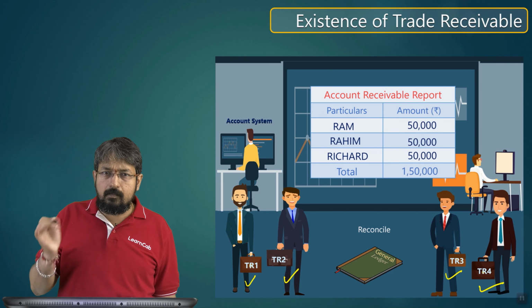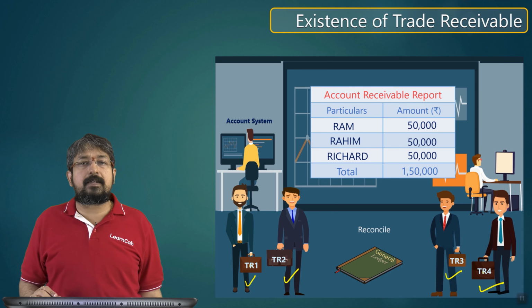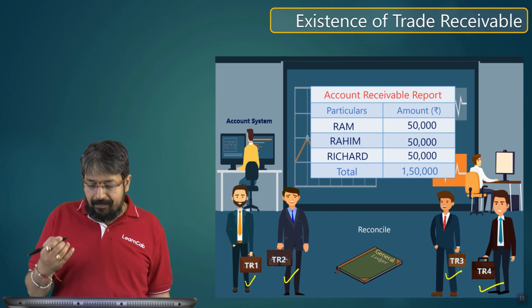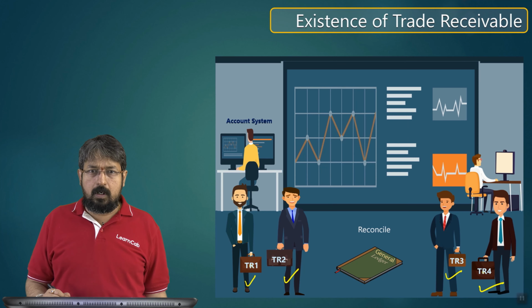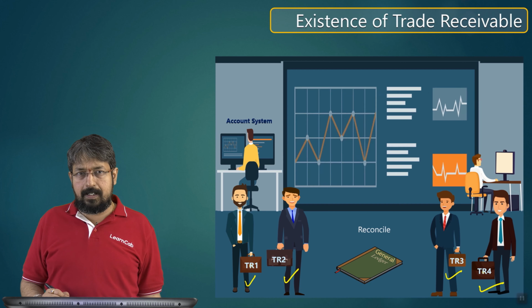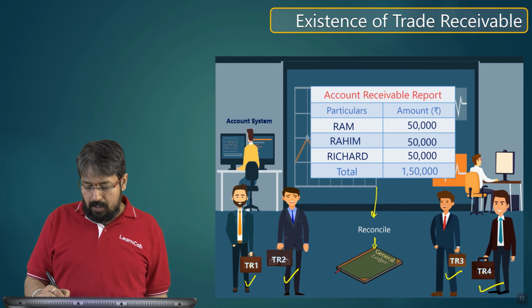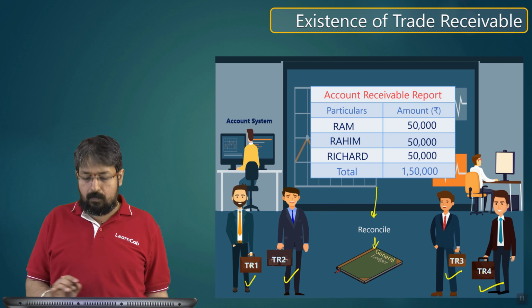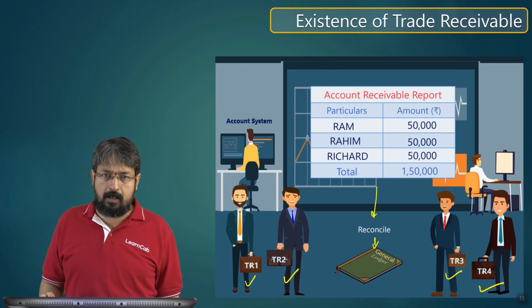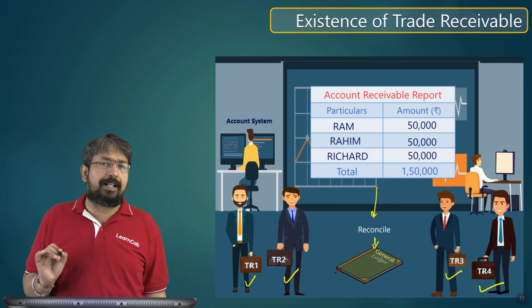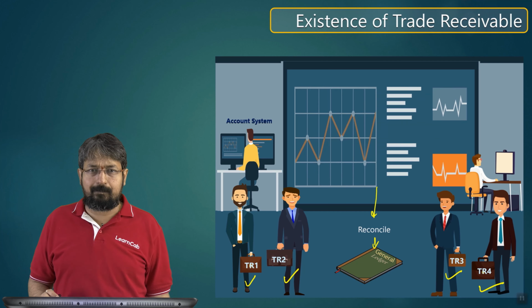So the total sale made is up to rupees 1.5 lakhs. So you will have an accounts receivable report. This accounts receivable report, my dear soldiers, should be reconciled with the general ledger. It should be matched with the general ledger, to see whether the balances are matching or not. So ensure that none of the transactions are getting omitted.